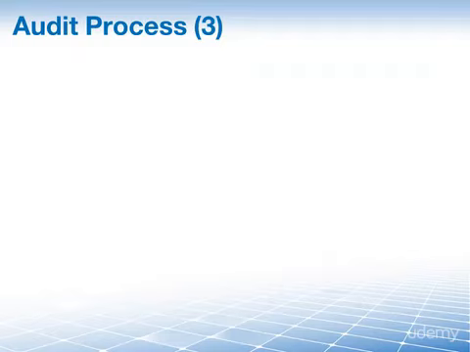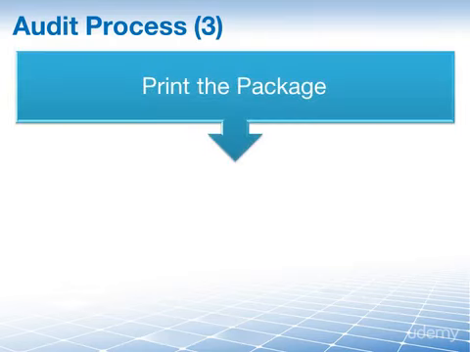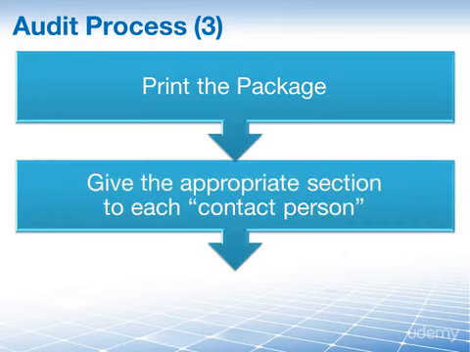If you have already filled in your application, then you know that you have to fill in names of contact persons for each of the projects that you have worked on. So now you have to print that package and then give the appropriate section to these contact persons that you have named in your application.